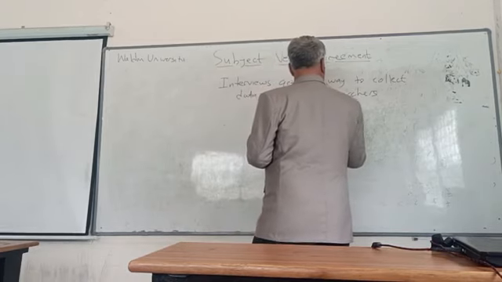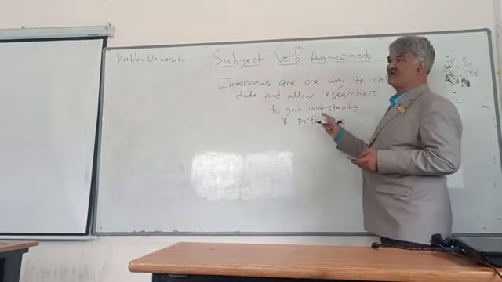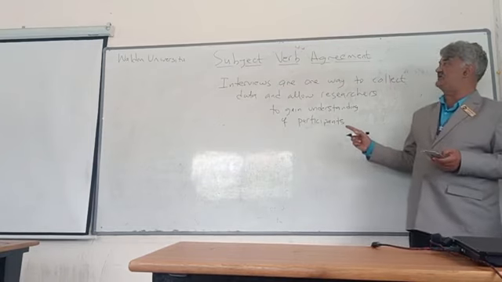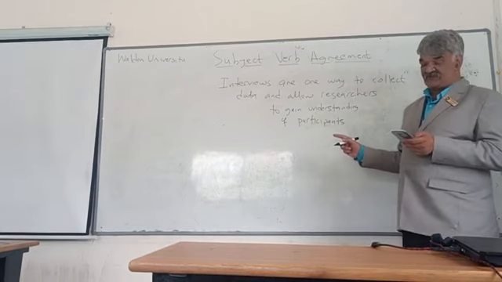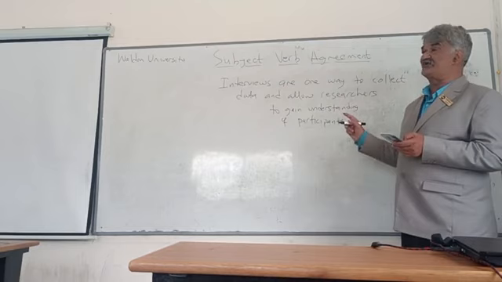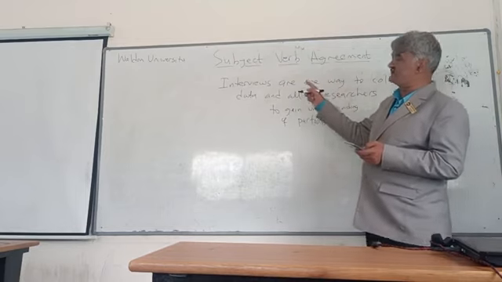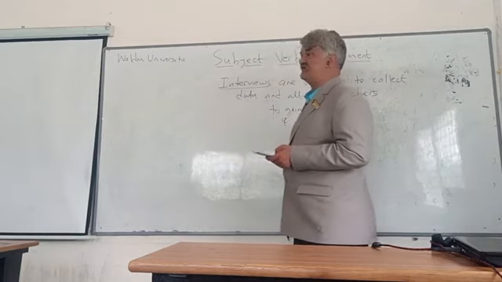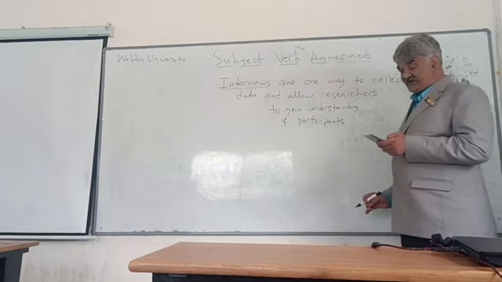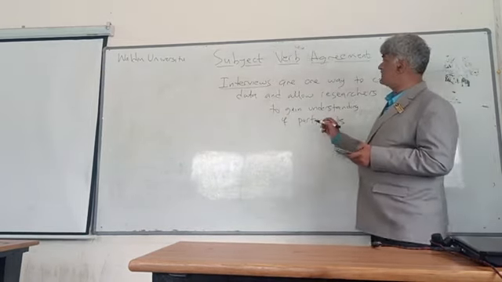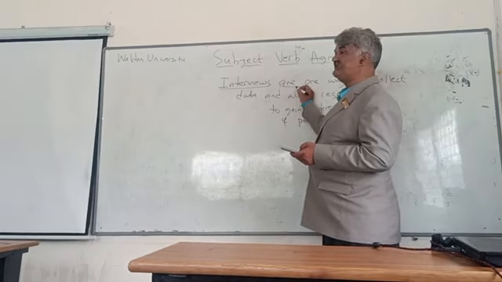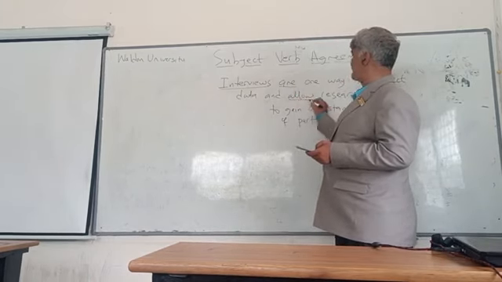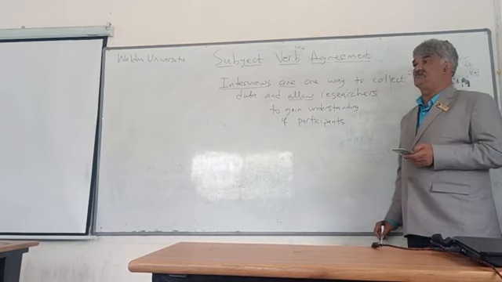Okay. So again I'm paraphrasing the example, right? So what does the rule say? When there is one subject, there is one subject in this sentence. The subject is interviews. When there is one subject and more than one verb. Now the first verb is are, the second verb is allow, right?